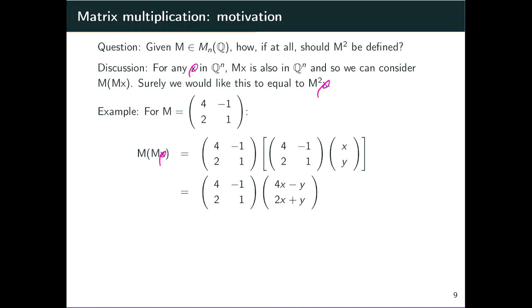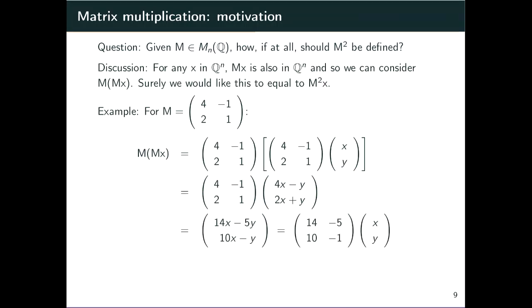When you multiply this matrix with (x, y), we found that it gives you this one here. Then if we multiply this matrix again with this vector, because we've defined what matrix multiplication is with a vector, we'll get this solution here.